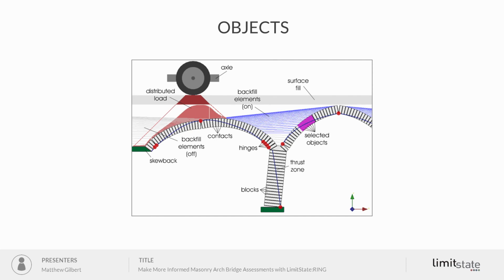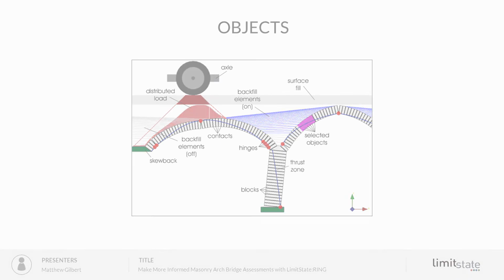And in terms of the objects on screen, you can see here we've got hinges, a line or zone of thrust, and the backfill elements, the key elements there. But what I'll do is start the software and hopefully bring it to life a bit more.